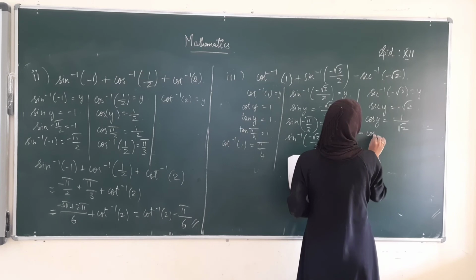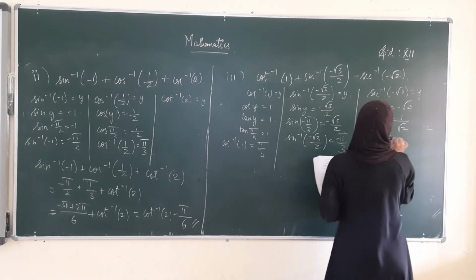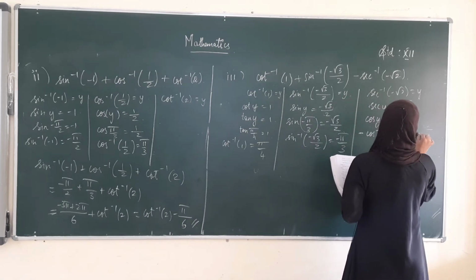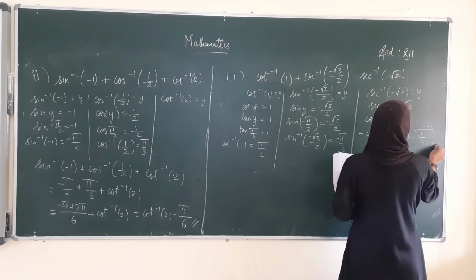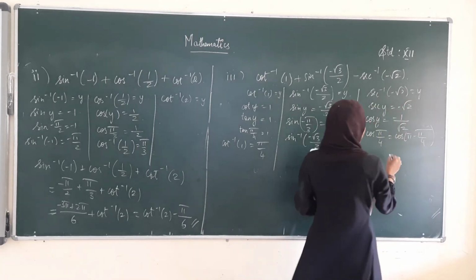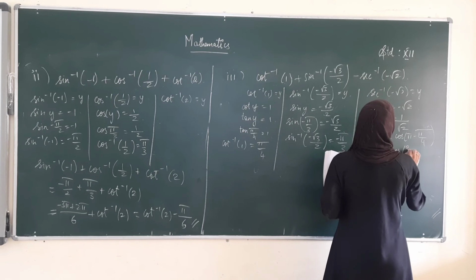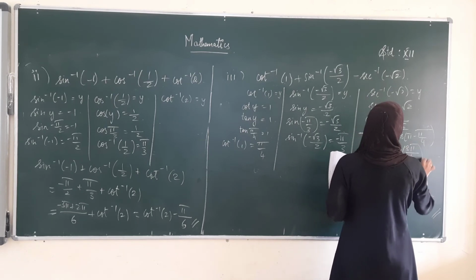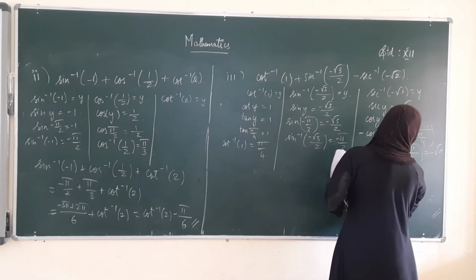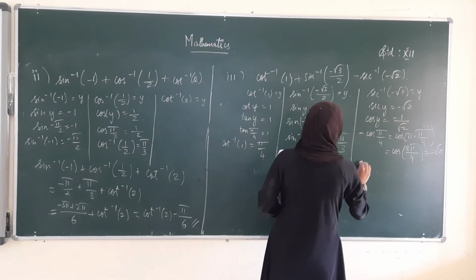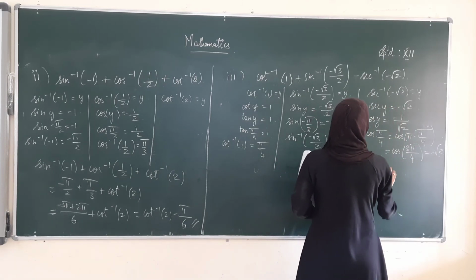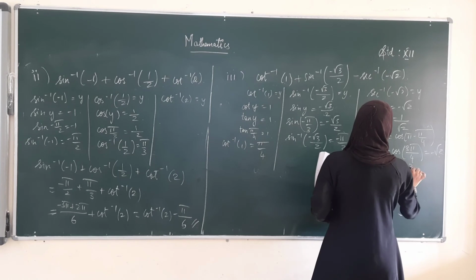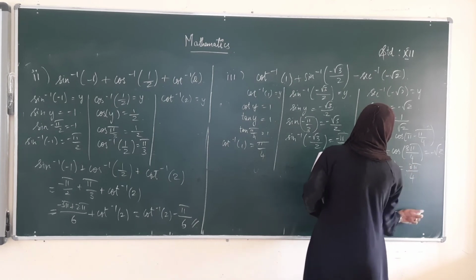Therefore, minus of cos pi by 4, which is equal to cos of pi minus pi by 4. So, 4 pi minus pi divided by 4 is 3 pi. Therefore, cos 3 pi divided by 4 is equal to minus 1 by root 2. Therefore, secant inverse of minus root 2's value is 3 pi divided by 4.